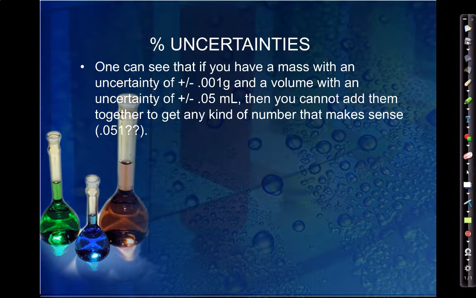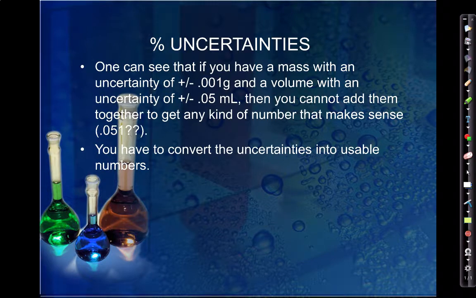When you do have a multiplication or division in a series of steps, you're usually changing the units anyway. You can't just add these two values together because they're different units. So we're going to get a percent uncertainty so you have a more usable number.